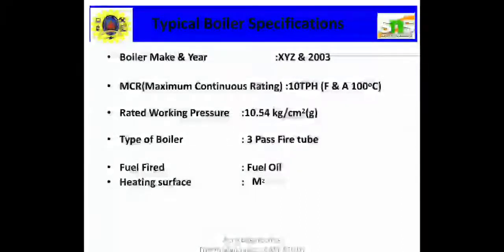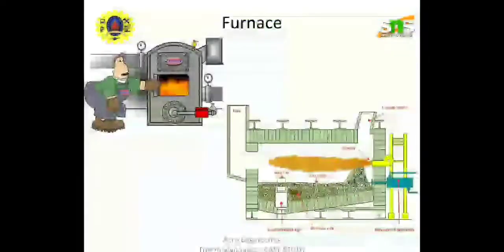The MCR is 10 TPH at 100 degrees C. Rated working pressure is 10.54 kg per centimeter square. Type of boiler is 3-pass fire tube. Fuel fired heating surface, fuel oil, in meter squared. Next is the furnace. How it works, we will discuss in the upcoming slides.